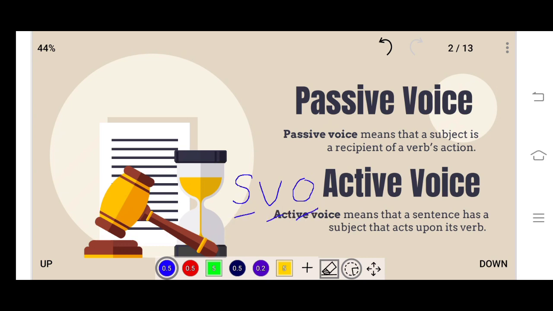But in the passive voice, we will change the position, and the object goes in the front of the sentence, and then the verb, and then the subject. Alright, so basically they change the position, and that makes the sentence become passive voice.